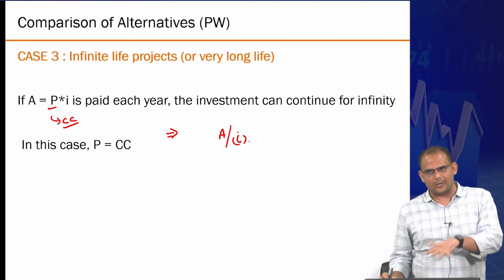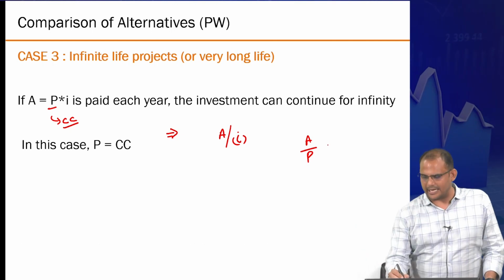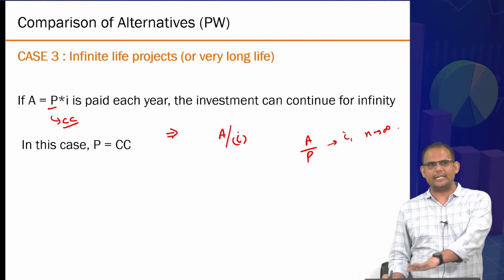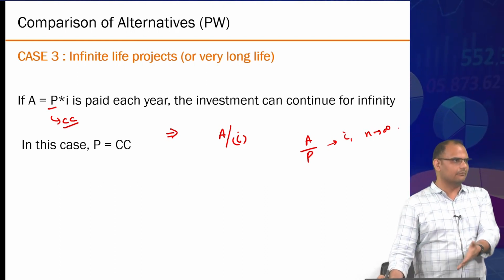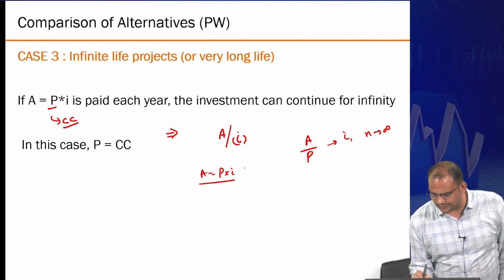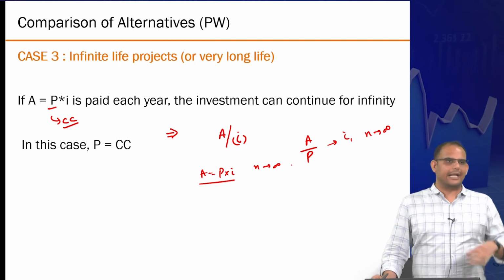This formula you can also derive from the A by P formula. Take the limit as n tends to infinity. You will see that the same representation will come. This simplistic relationship A equals Pi holds true when n tends to infinity, right? Or n is very large.